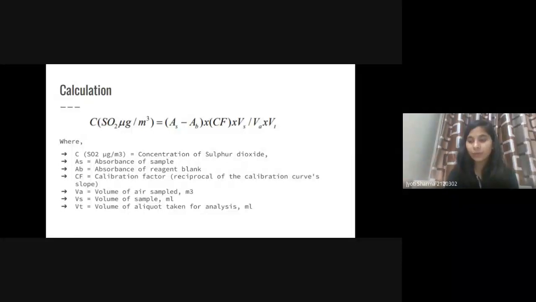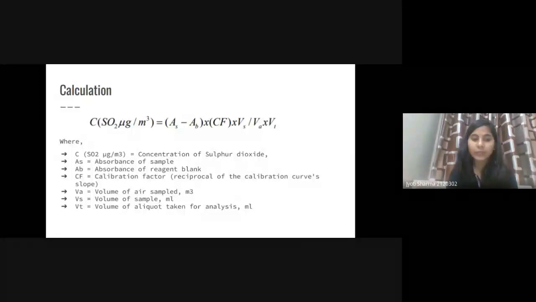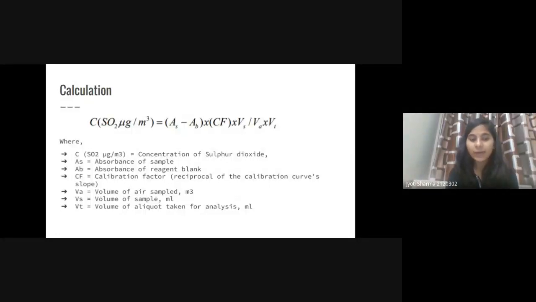As I told you, we have the flow rate and the time, so we can calculate the volume of the air sample, then the volume of the sample, and at last how much volume we are extracting, the volume of aliquot taken for the analysis. So this is how we can calculate the concentration of sulfur dioxide in microgram per meter cube.